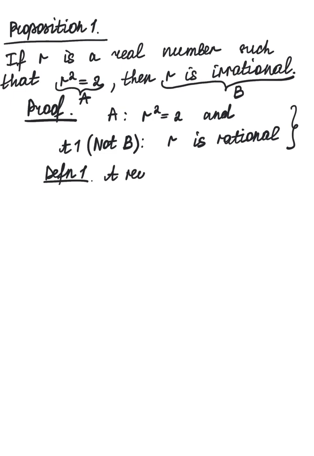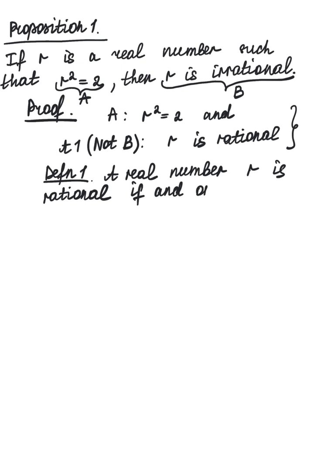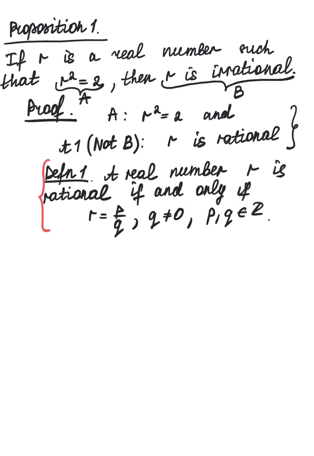A real number r is rational if and only if r can be expressed as a ratio of two integers p and q, with q not equal to 0, and as we said, p and q are integers. So this is the definition of a rational number.